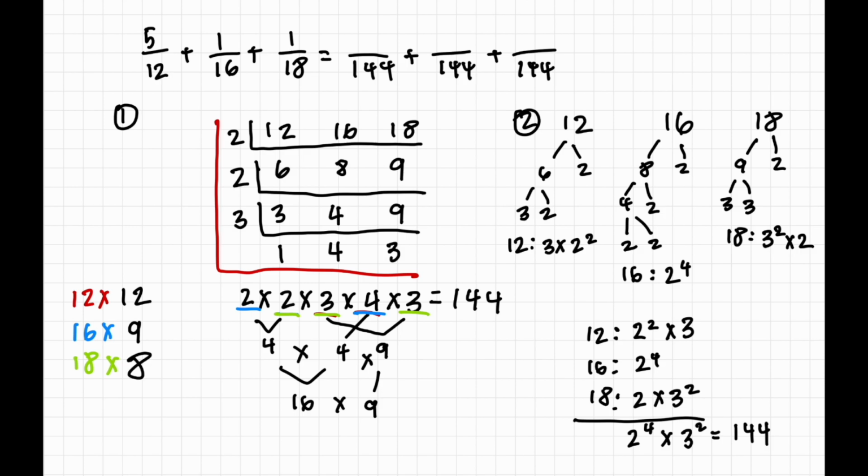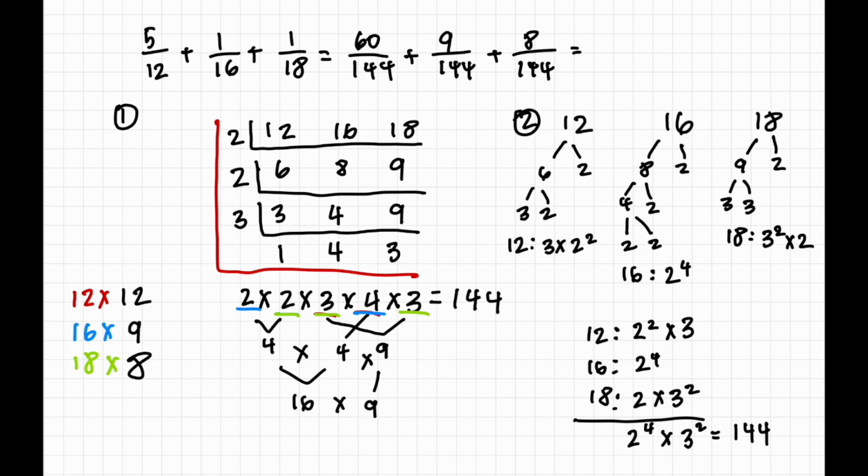So since we did that for the bottom ones, the denominators, we need to do them to the numerators. So since we did 12 times 12, what's 5 times 12? It would be 60. And then 9 times 1 is 9, and 8 times 1 is 8.